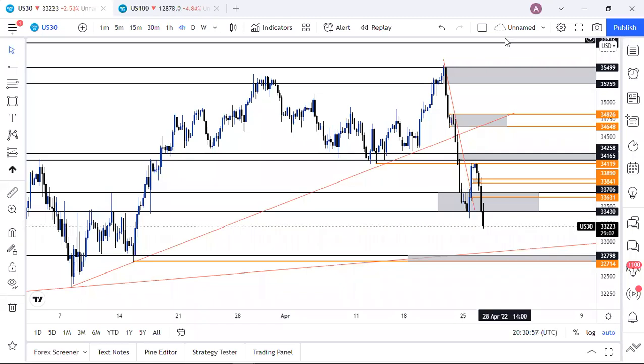I'm sorry about that, guys, I had a network problem. I was talking about the fundamentals, why it dropped like this. It's because the investors got worried about the COVID surge in China.